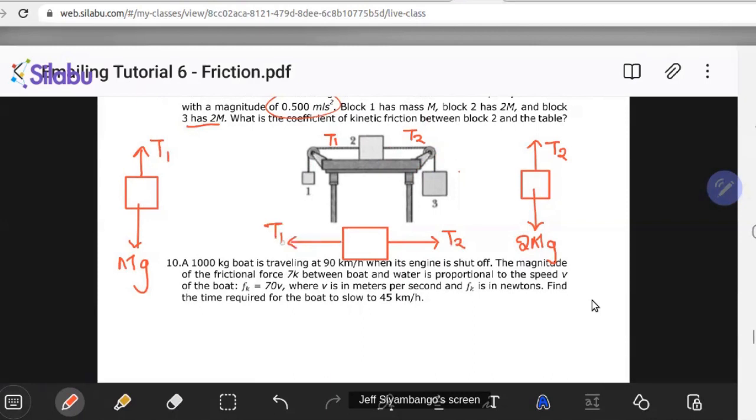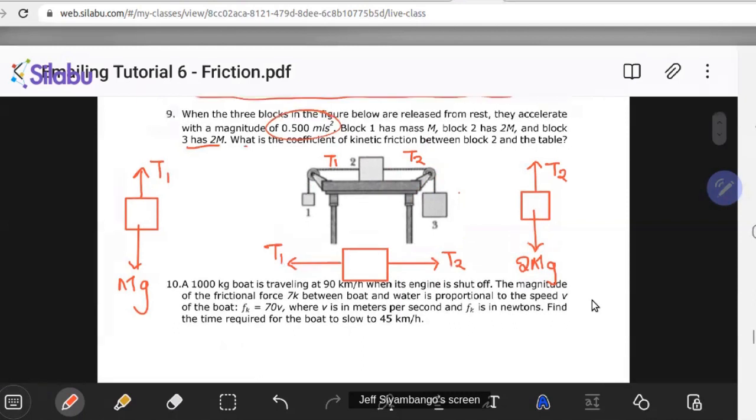But there will be another force present here. They're asking what is the coefficient of friction between block 2 and the table. This is a hint that friction is present, so the fact that we are looking for the coefficient tells us that friction is actually present between block 2 and the surface.